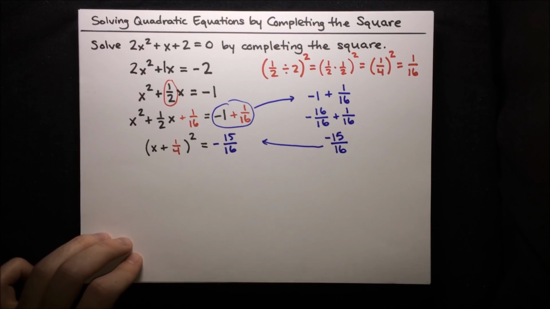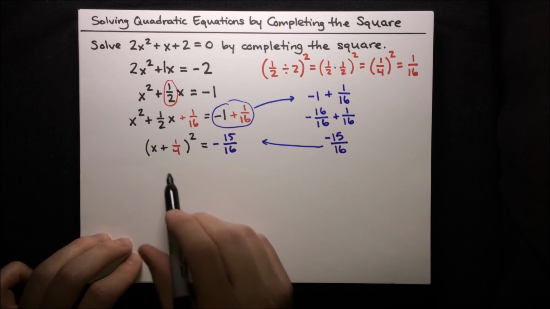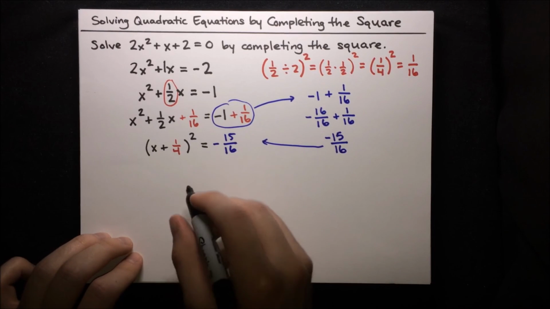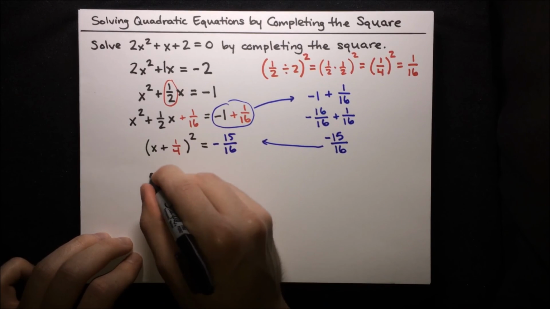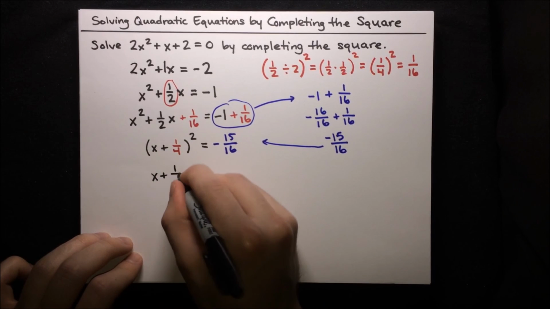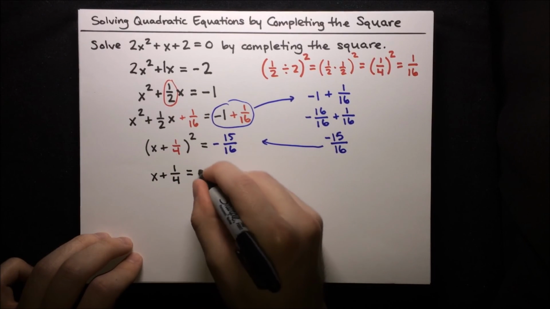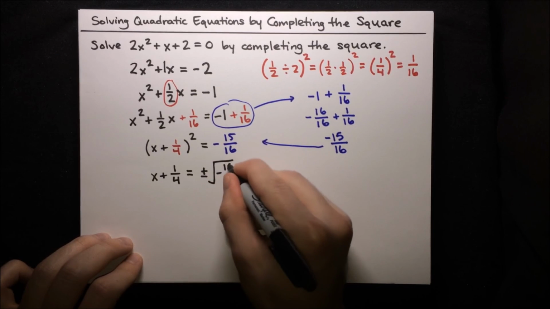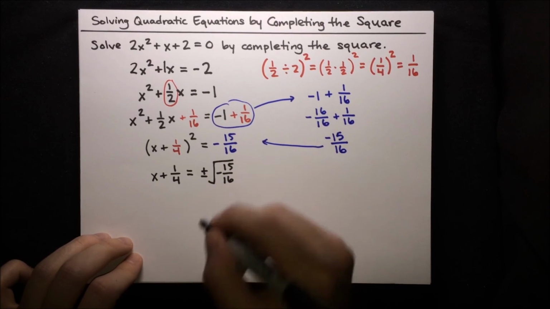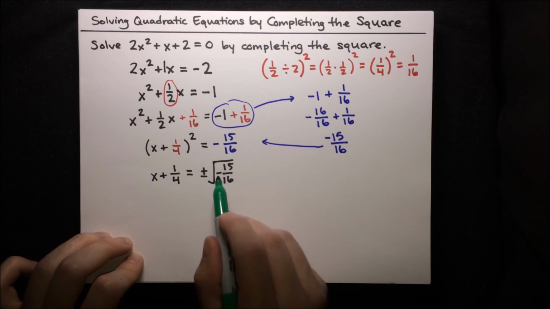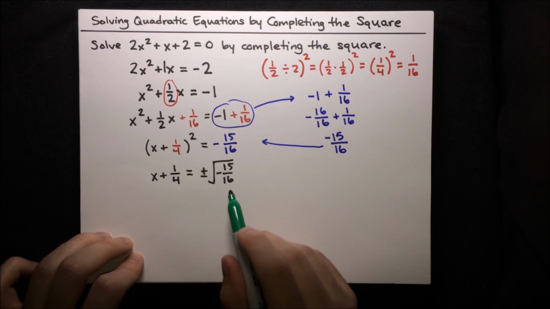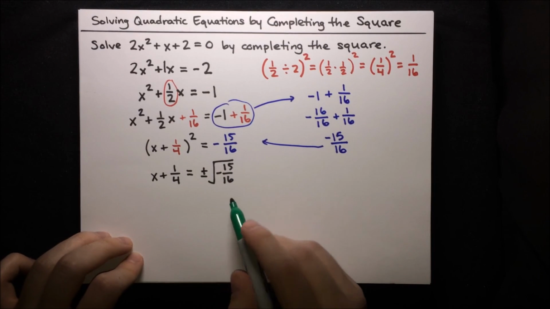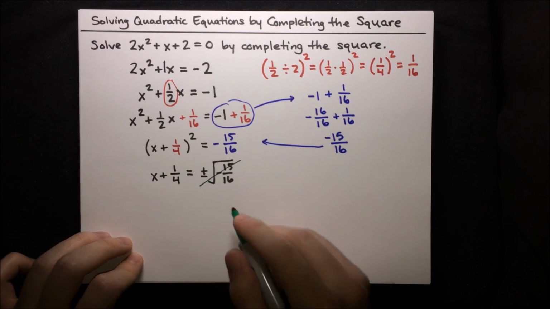Negative 15/16. Now, to cancel out that square here, to solve for x, let's go ahead and take the positive negative root of both sides. So x plus 1/4 is equal to plus or minus root of negative 15/16. But hold on a second there. There's a negative in the root now, and we can't take the root of a negative number. It doesn't come out to a real number.